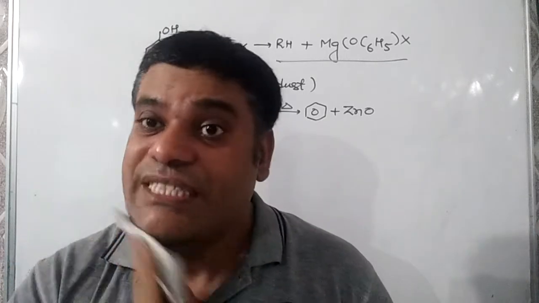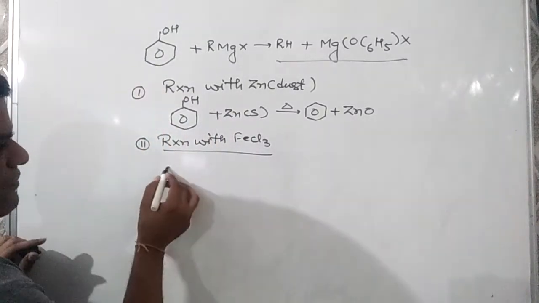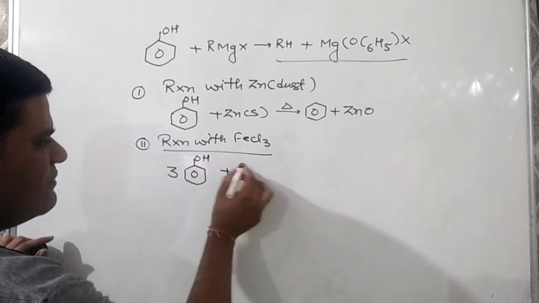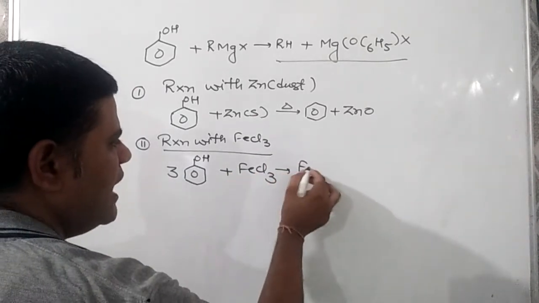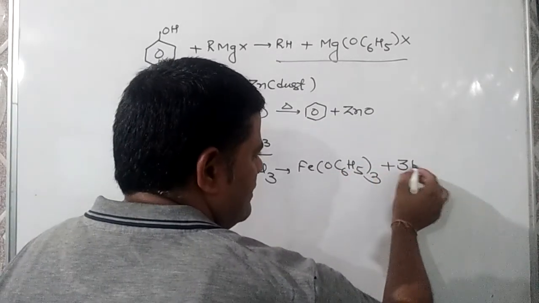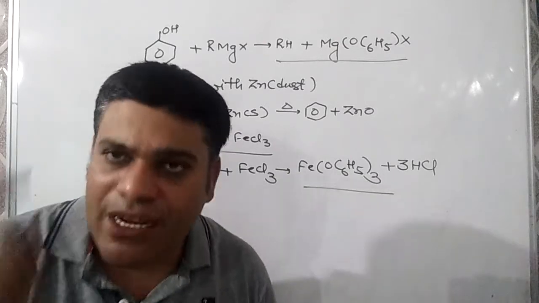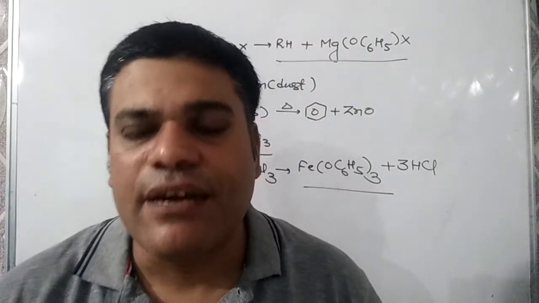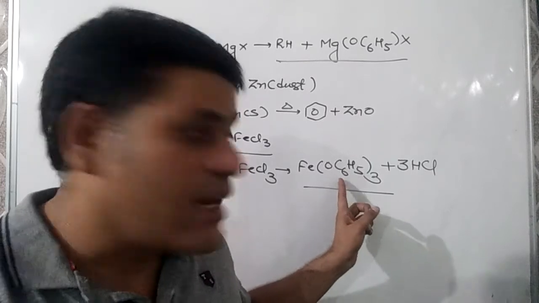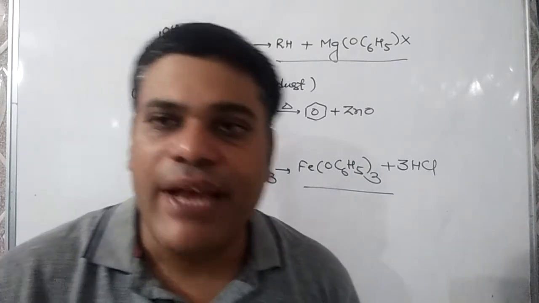Phenol can react with ferric chloride to produce a dark violet coloration due to formation of ferric triphenoxide plus HCl, and ferric triphenoxide has a dark violet coloration. That's why this test can be used to distinguish phenol from any other compound.